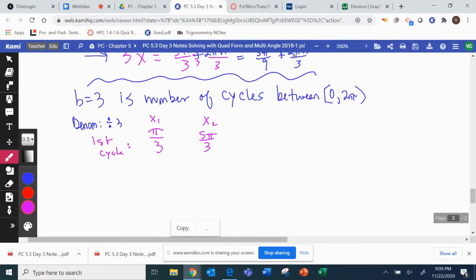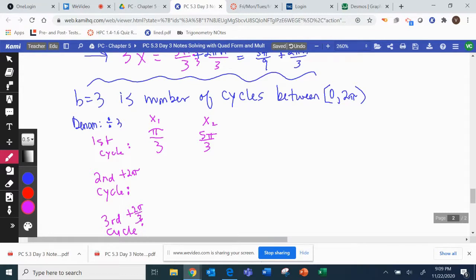We know that there's 3 cycles. So my second cycle and my third cycle, I'm still going to come up with. To get to my second cycle, I would normally add 2 pi. To get to the third cycle, I would normally add 2 pi.